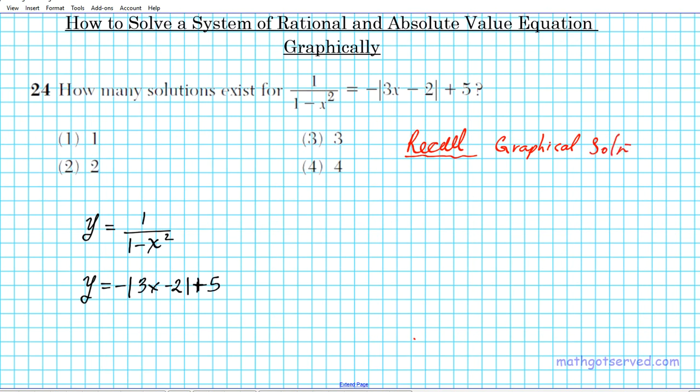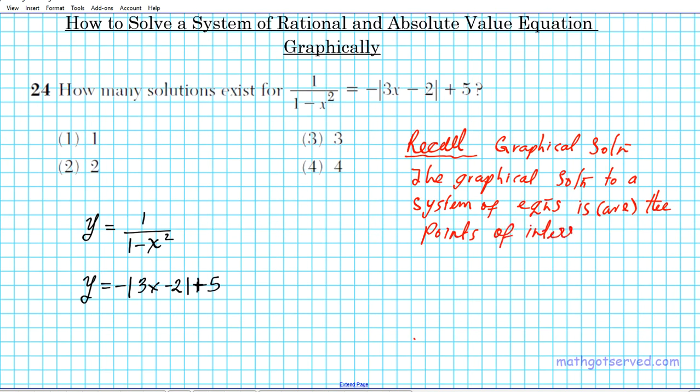So what you want to remember is that the graphical solution to a system of equations are the points of intersection.